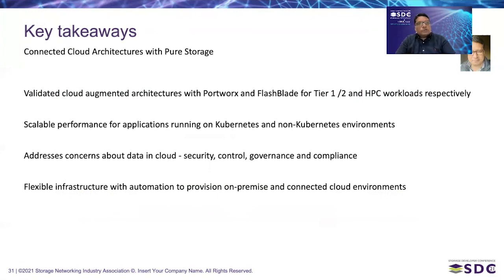And we also talked about the Azure validated architecture for FlashBlade in the Equinix location. The entire thing is scalable irrespective of what platform you choose to run, whether Kubernetes containers or bare metal VMs, it doesn't matter. The main thing is you're going to have data security, control, governance, and compliance for all the applications generating data in this co-location.